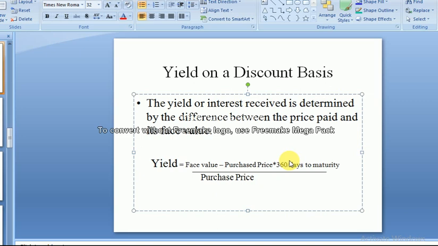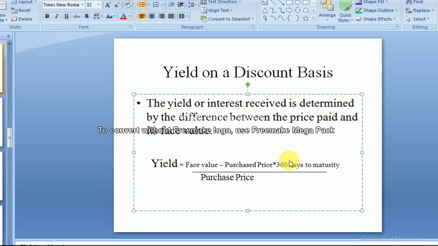Dear students, the discount yield computes the expected returns of a bond purchased at a discount rate and held until its maturity.